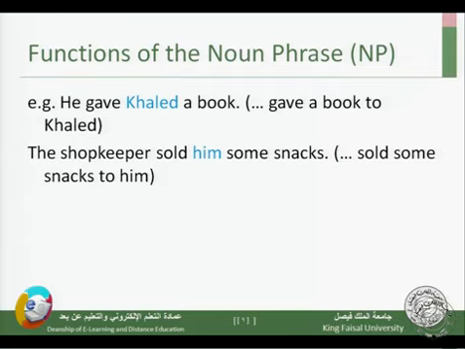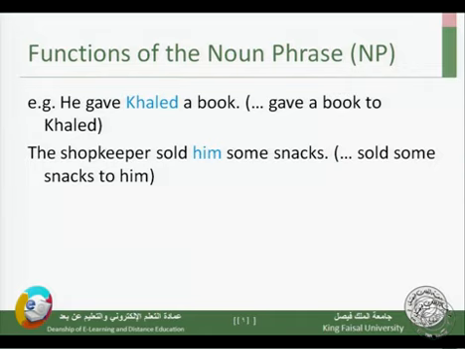For example, "he gave Khalid a book," and "the shopkeeper sold him some snacks." In these two sentences we have two objects. In the first one, "gave" is the verb. We have two objects, "Khalid" and "a book." One of them is the indirect object and one is the direct object.